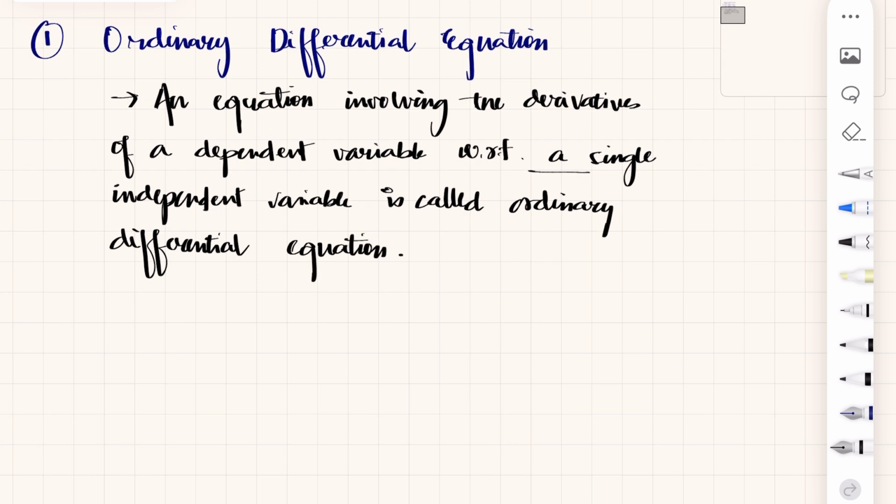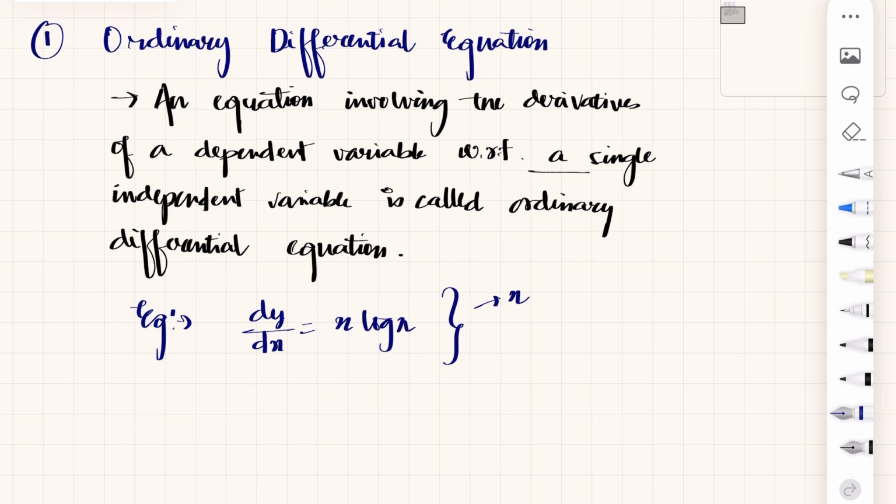Okay, so I already gave an example before, but I'll give you another one. Example, dy by dx equals x log x. Here we have y also.